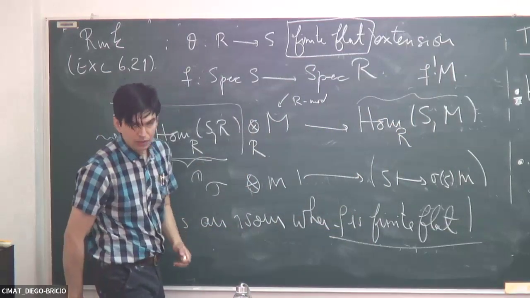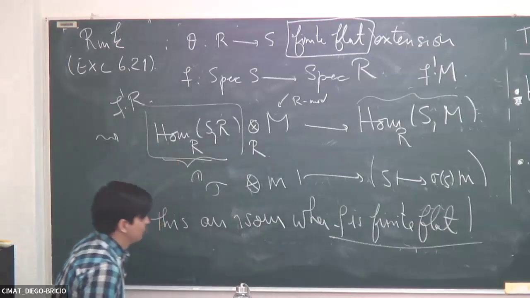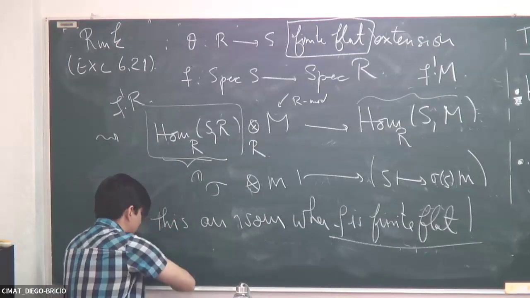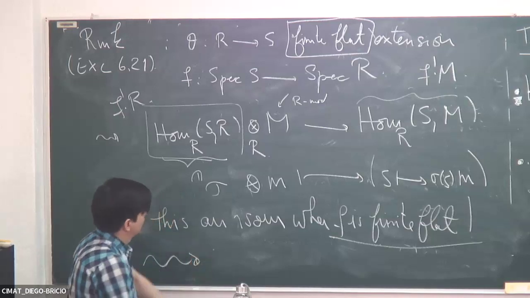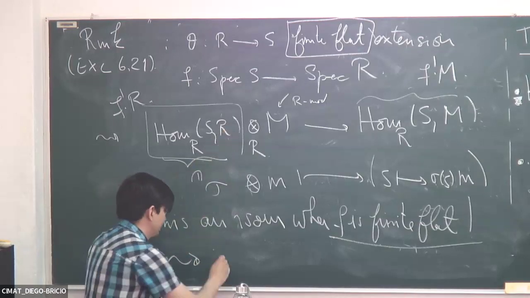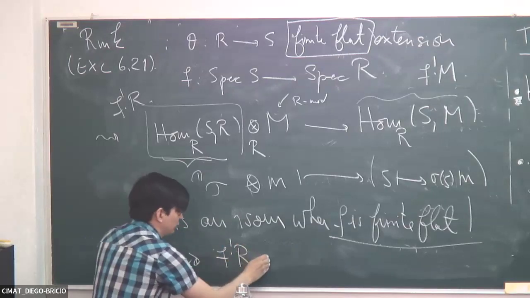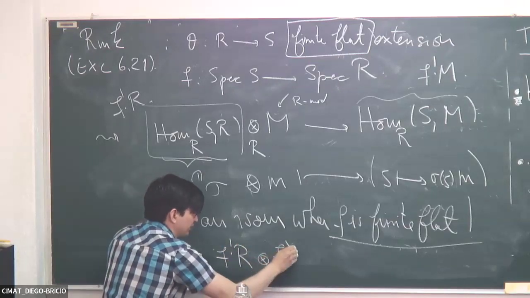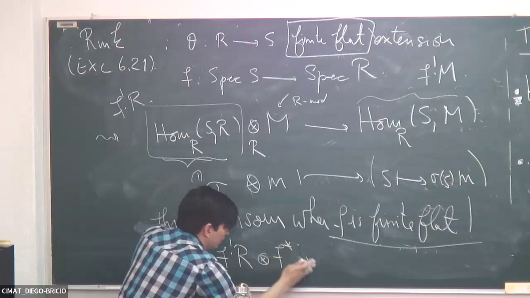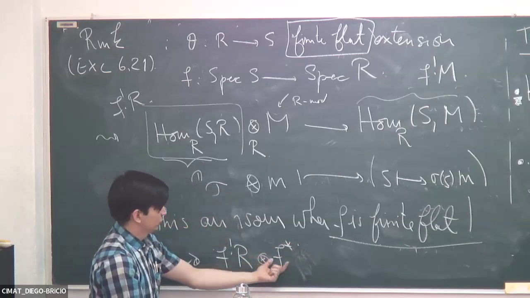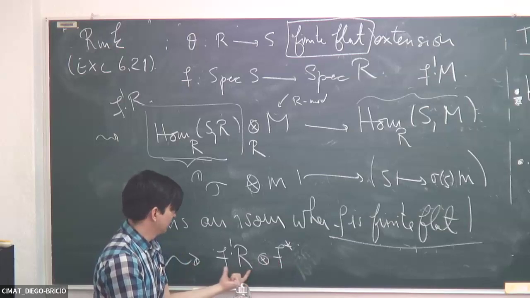So a more abstract way to say this is that we always have a natural transformation from these two functors. I hope it's clear what this functor is. You pull back and then tensor by this.